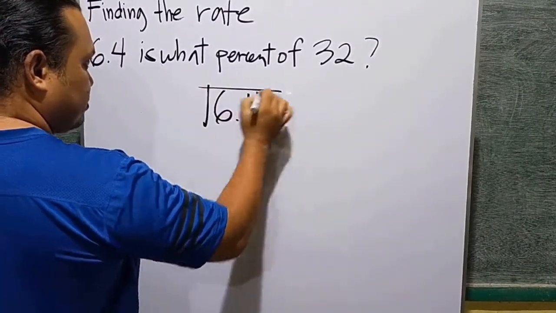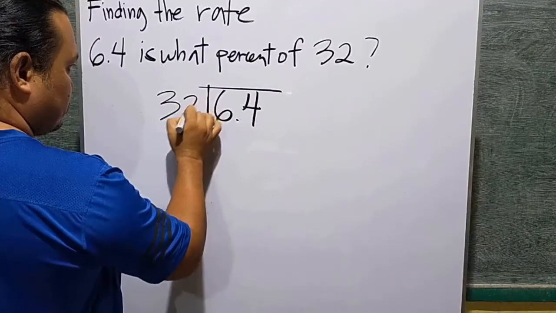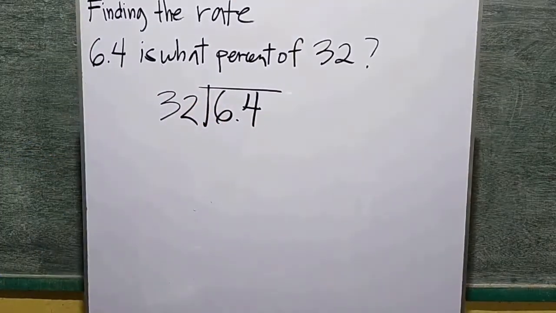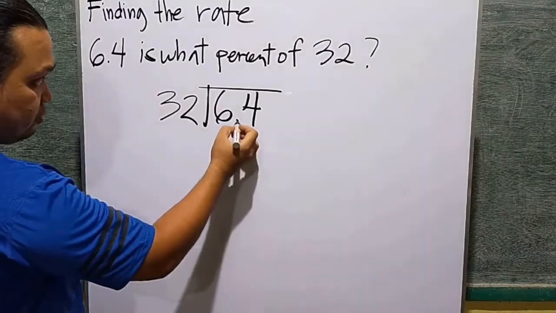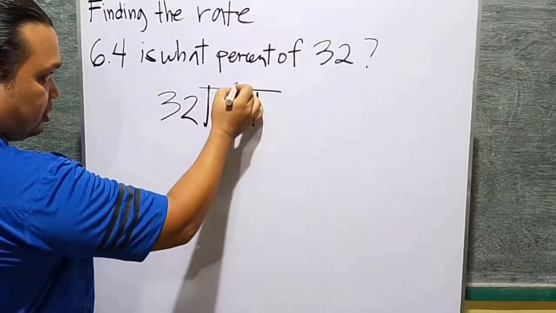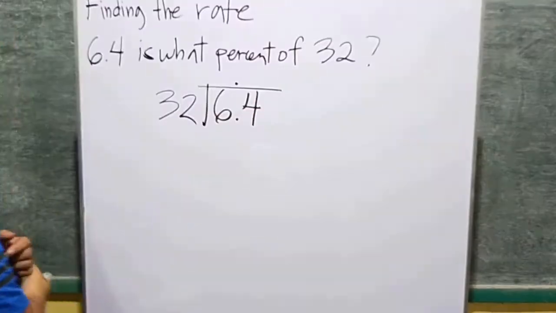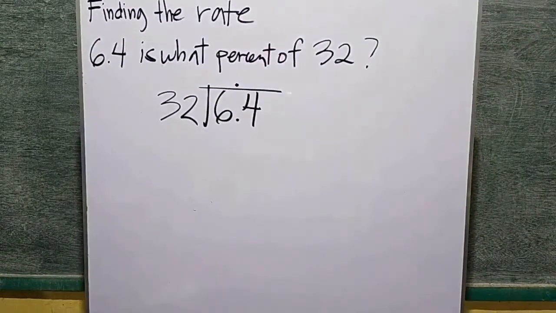Dividing decimal numbers, we have to put the decimal point here, aligned with the decimal point below for our answer. And let's divide just like whole numbers.